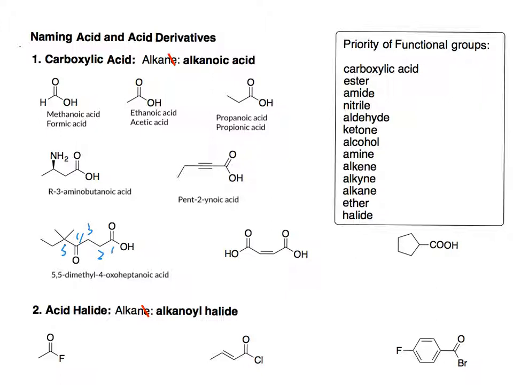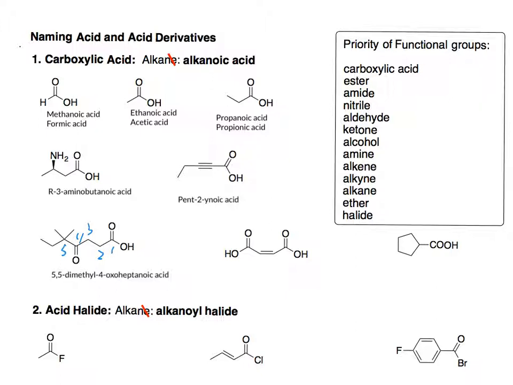Okay, and the following compound is a dicarboxylic acid. Dicarboxylic acids are commonly named as dioic acids.